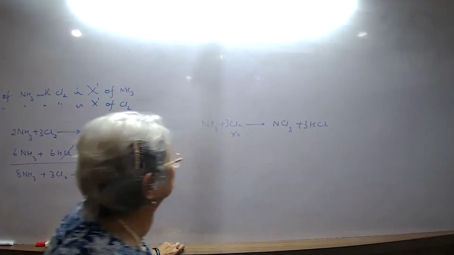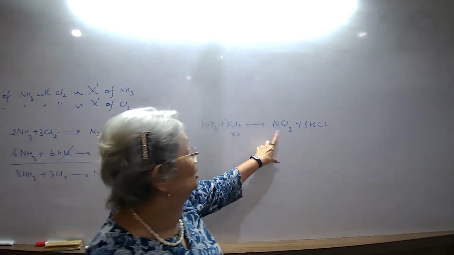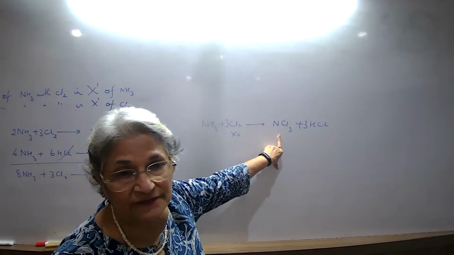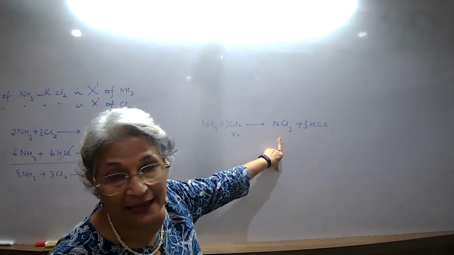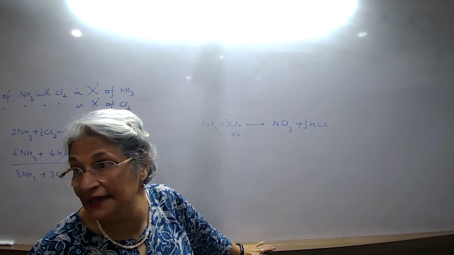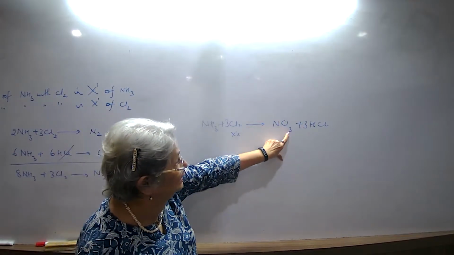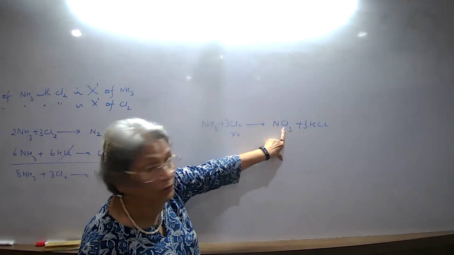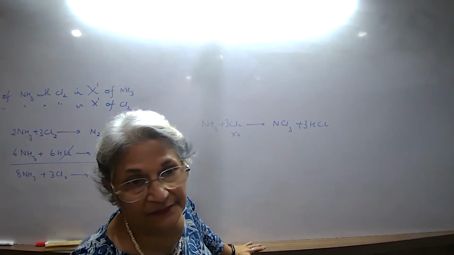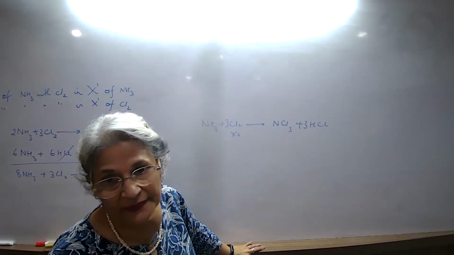Balance it. Now this is trichloronitrogen, highly explosive. Yellow in color and highly explosive. This is trichloro, or nitrogen trichloride. Same thing.